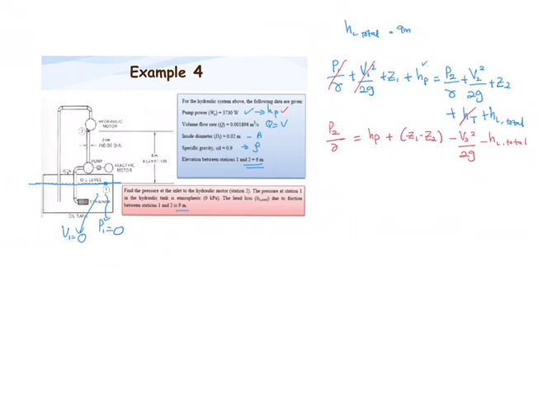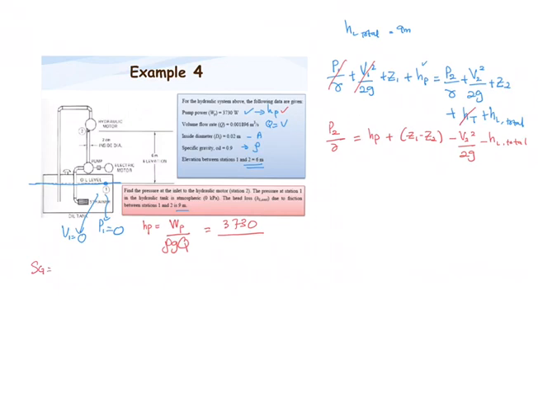So now we go one by one. We calculate first the HP, which comes from the pump power. HP equals pump power divided by rho g Q. WP is equal to 3730, divided by rho. Rho comes from specific gravity.